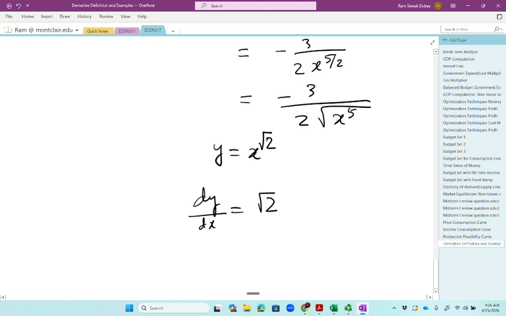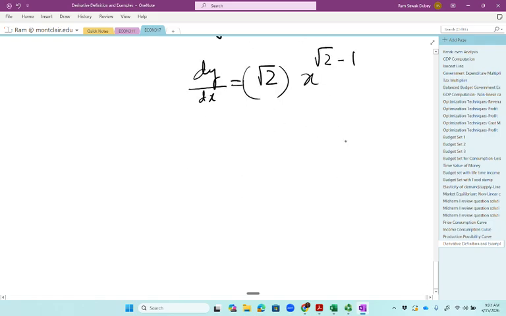So the power becomes the coefficient, and then I reduce the power by 1. So that will be the derivative of y equal to x to the power square root 2. And this is a good point to stop.